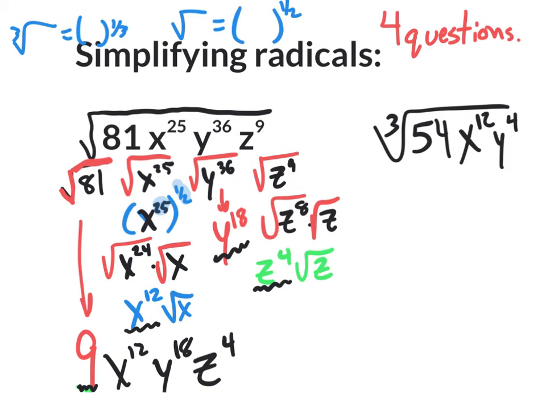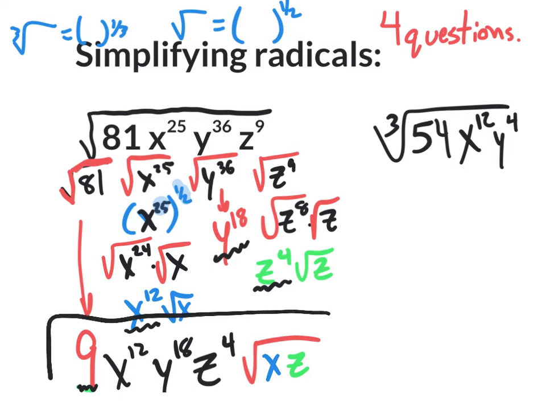And then let's bring down everything inside the square root. What do we have inside the square root? We have the square root of x, and we also have the square root of z. So let's put both of those x and z together underneath one square root. So here's your final answer, believe it or not. 9 x to the 12th, y to the 18th, z to the 4th, square root of x z.